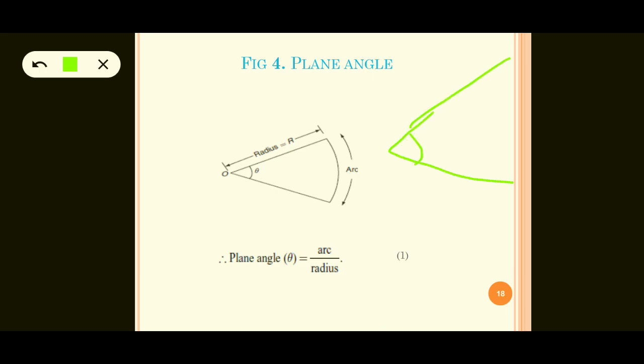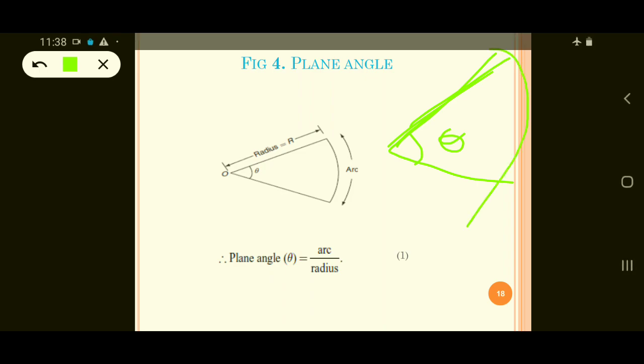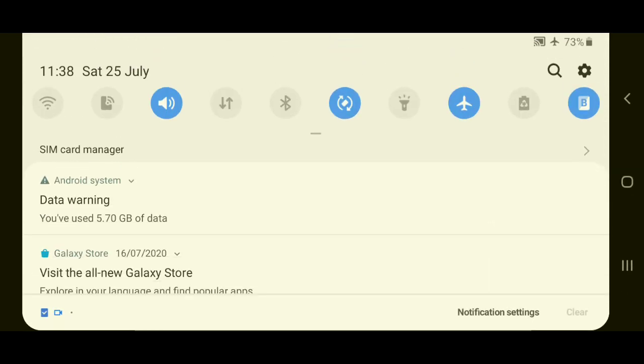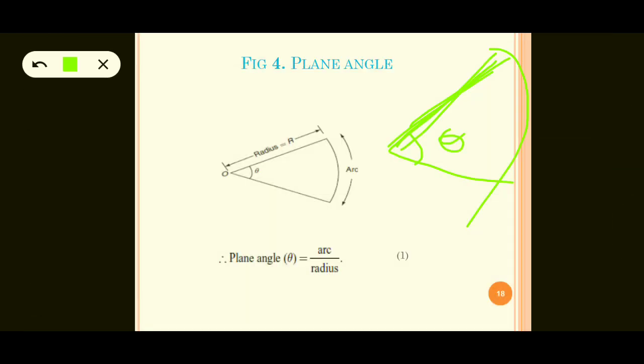So two converging lines, theta, the length is equal to the radius of the circle. Here, draw one arc. So it is the radius r. So it is the arc. So that is the plane angle.